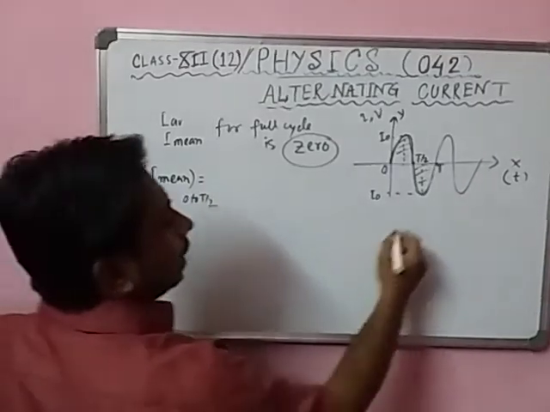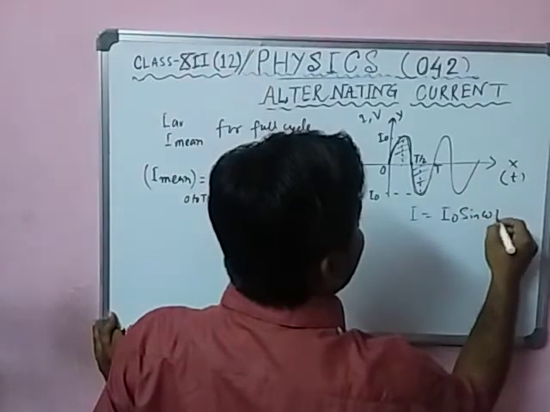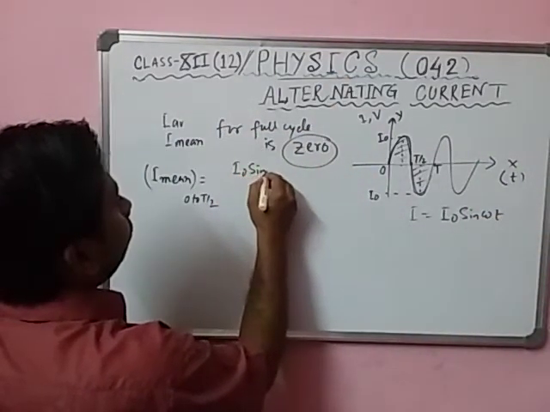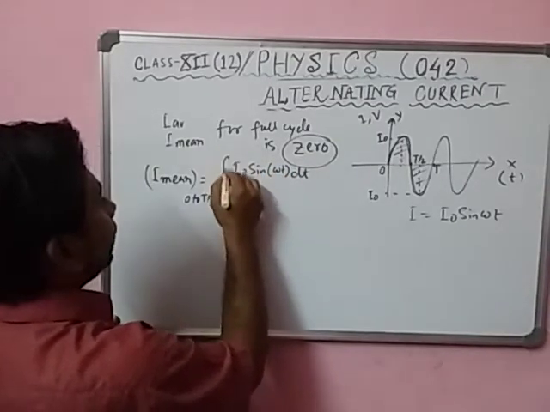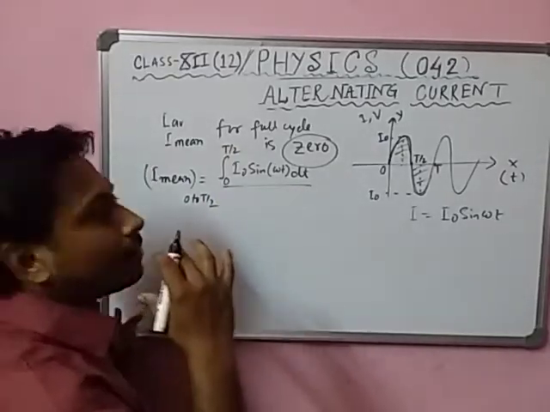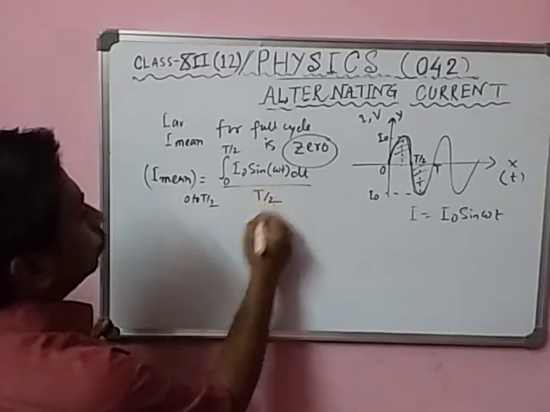We know the value of I is equal to I0 sine of omega t. So put here I0 sine of omega t into dt. We are integrating over 0 to T by 2. Why integrating? Because we need a sum of all I's divided by the time. Time means T by 2.